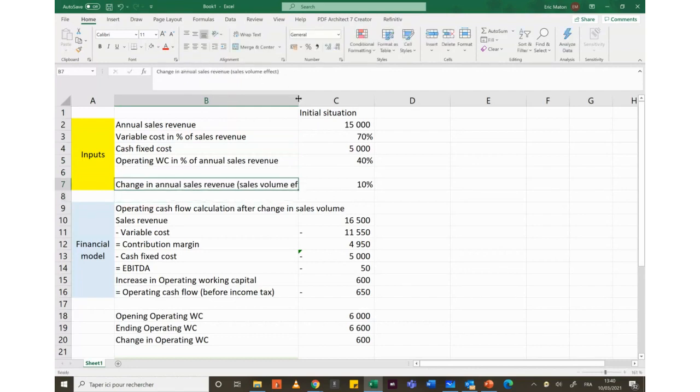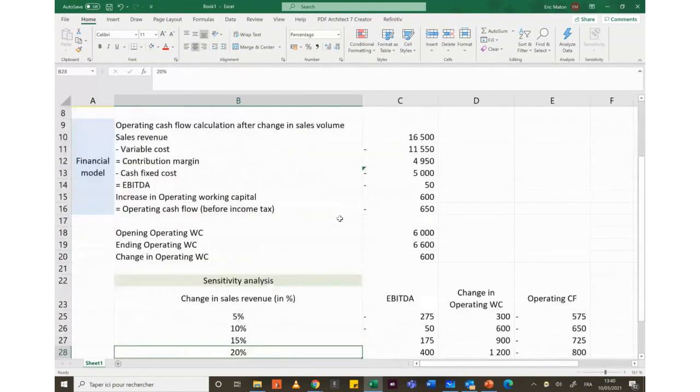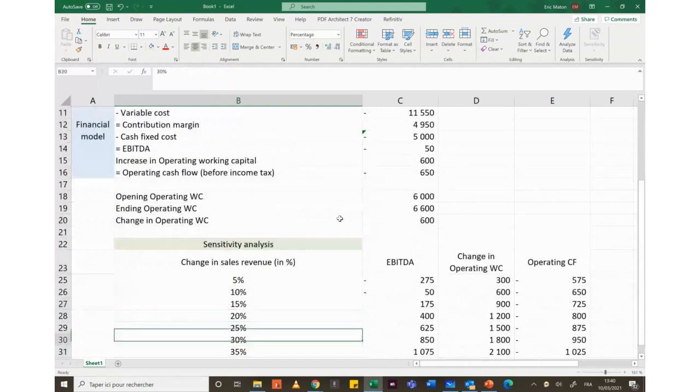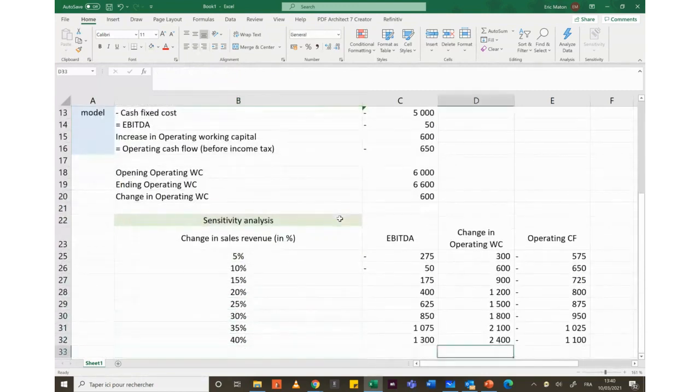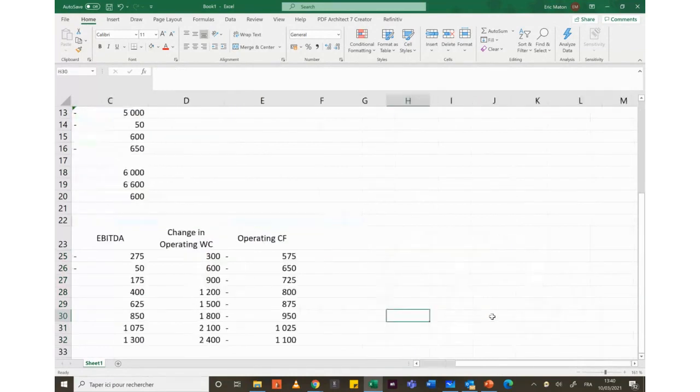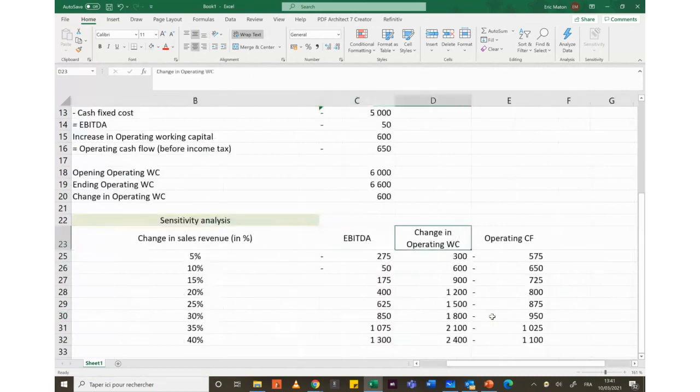So in this situation, when I increase the sales revenue, the percentage, I increase the percentage, I decrease the operating cash flow. So in this situation, the change in operating working capital we have here is higher than the change in EBITDA. So if we take the change, here we have the change. So the change in this one is higher than the EBITDA.